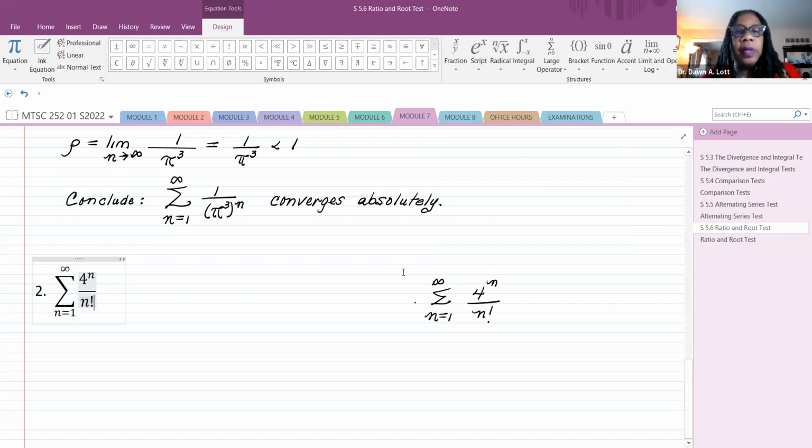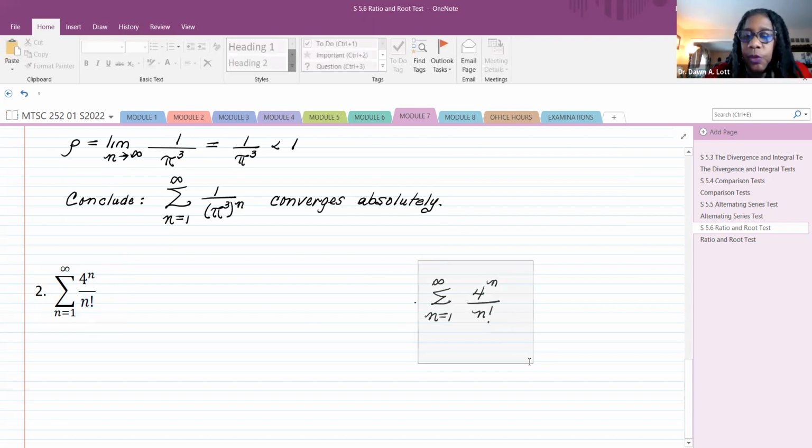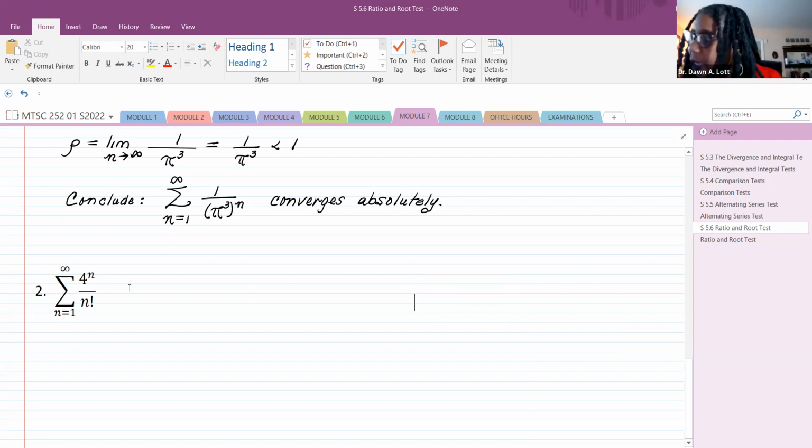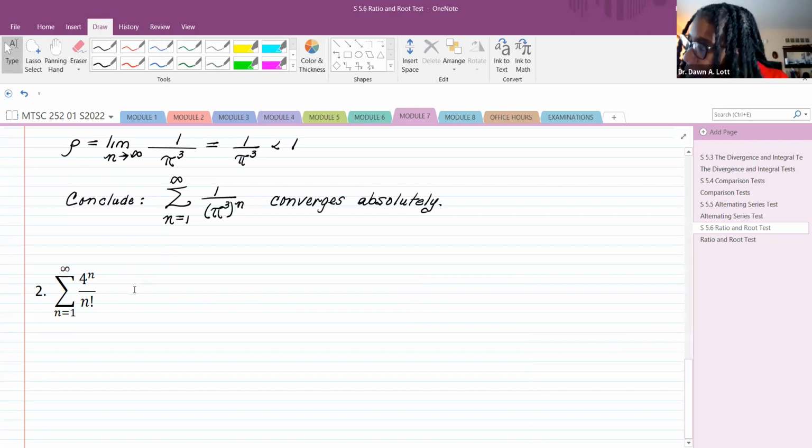Okay, so as I said, the factorial problems are best suited always for the ratio test. All right, so we identify an. So an is 4 to the n divided by n factorial.